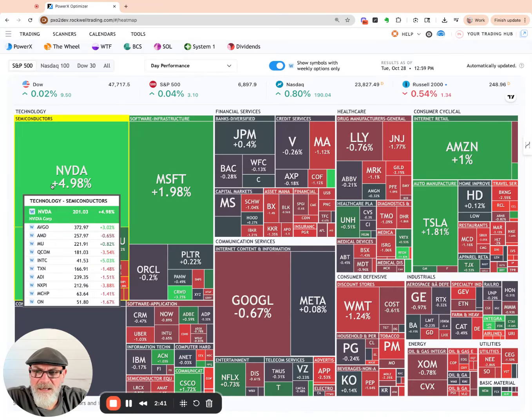We could see that for today, Intel was also moving up nicely. Intel was up 5%. Maybe you wanted to see if there was an opportunity to take advantage of a stock that was actually moving against the overall trend, and considering Qualcomm down 3.5% or NXPI 3.9%.